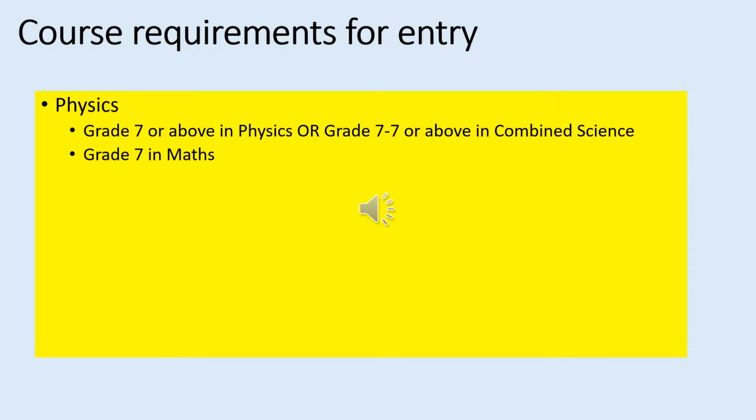The language of physics is mathematics, and it's very difficult to access the A-Level Physics topic if you're not confident and competent with mathematics. So normally, although it's not required, we recommend to people that they take A-Level Maths as well as A-Level Physics, but it isn't required. What is required is that you have at least a grade 7 at GCSE Maths.